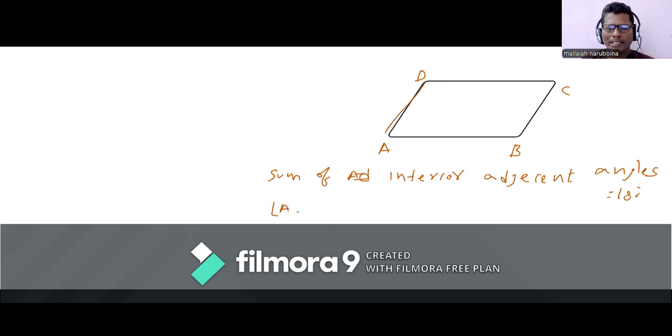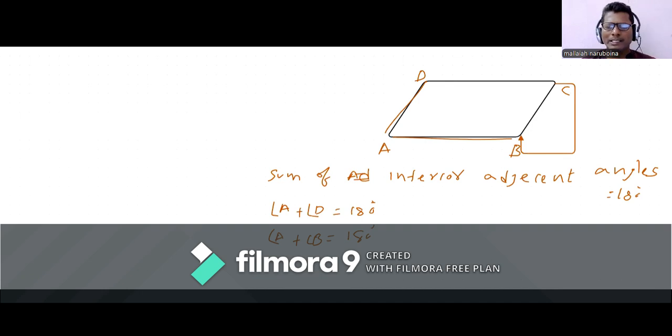Similarly, angle A plus angle B is equal to 180 degrees. B and C form interior adjacent angles. Angle B plus angle C is also 180 degrees.